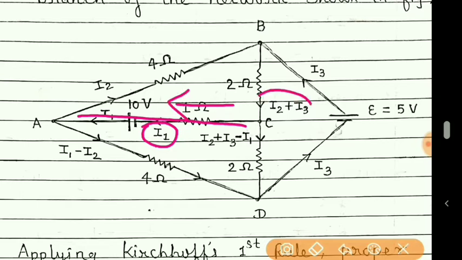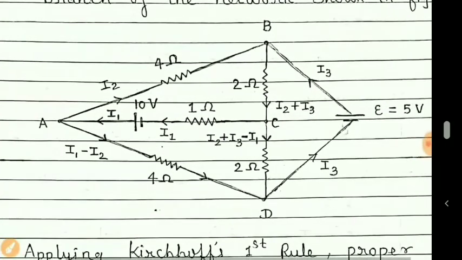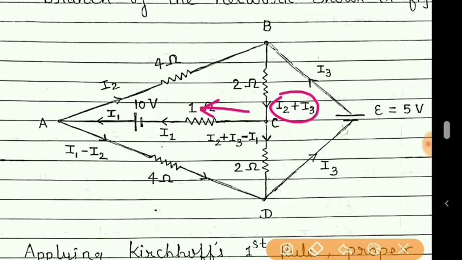So from this current I2 plus I3 at point C, I1 current is removed. From this I2 plus I3, I1 moves in this direction, so the remaining current towards point D will be I2 plus I3 minus I1.